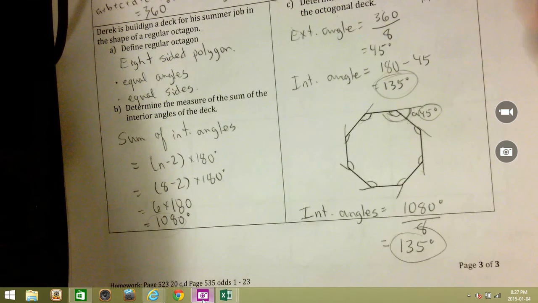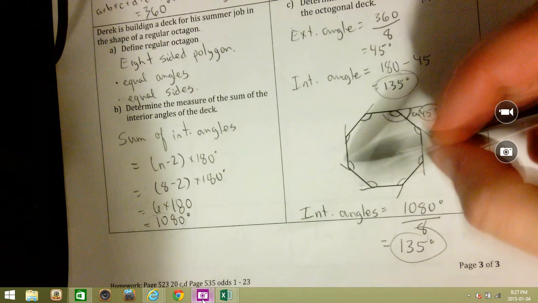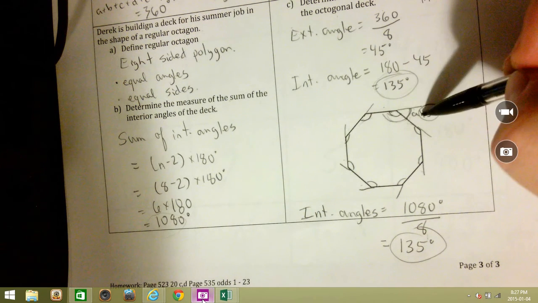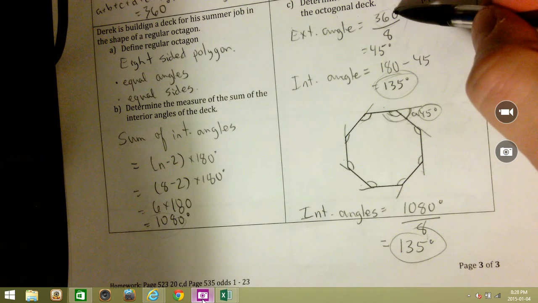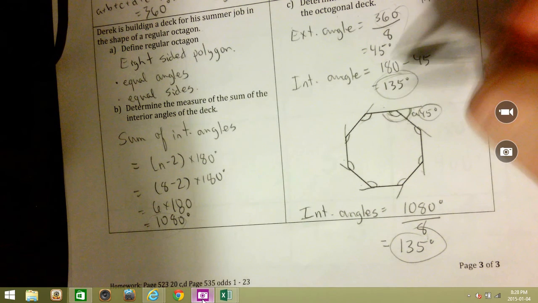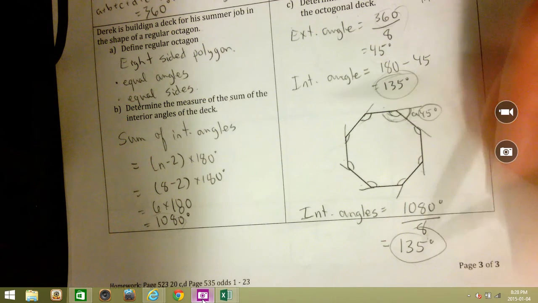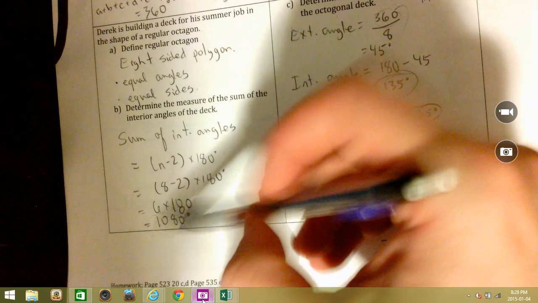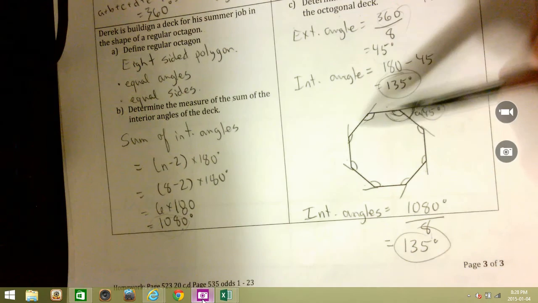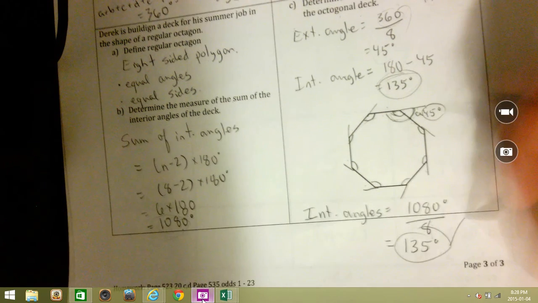So the two ways we can look at this: we can find the value of the exterior angle, knowing the sum is 360 degrees, and then subtract that from 180 to get 135. Or if we know the total sum of the interior angles, I can divide that by the number of angles I have, which is 8. And I get the same answer both times.